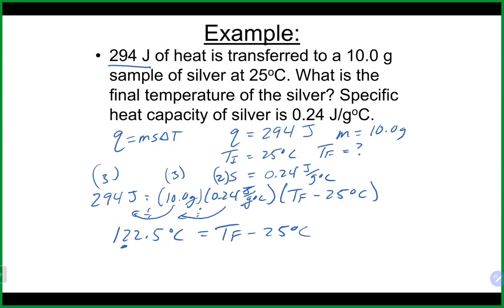What would be left at this point is we're going to add basically the 25 to the other side. So we're going to do our 25 here, which will take our 25 over here. That's going to get rid of that, obviously, on this side. Now, the last thing here we would do would be a 147.5 degrees Celsius would equal our final temperature.